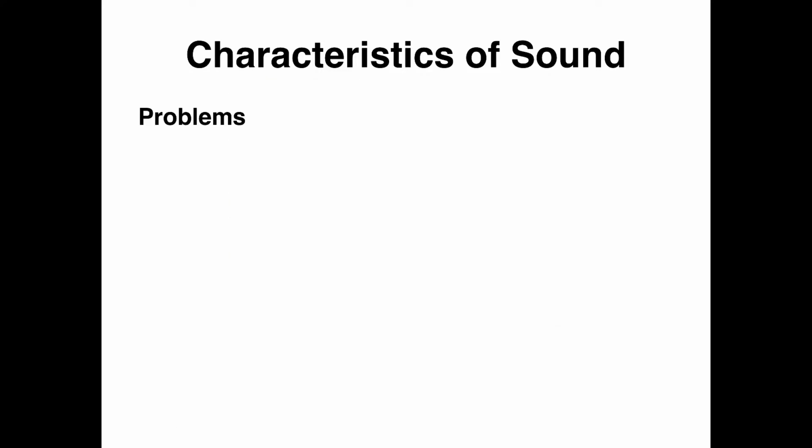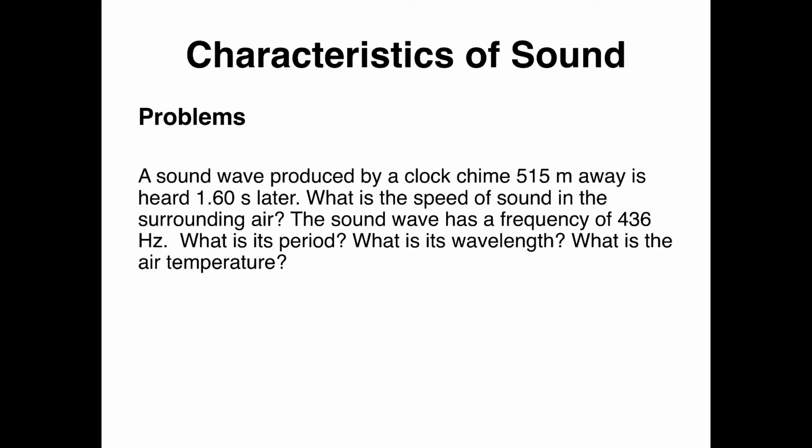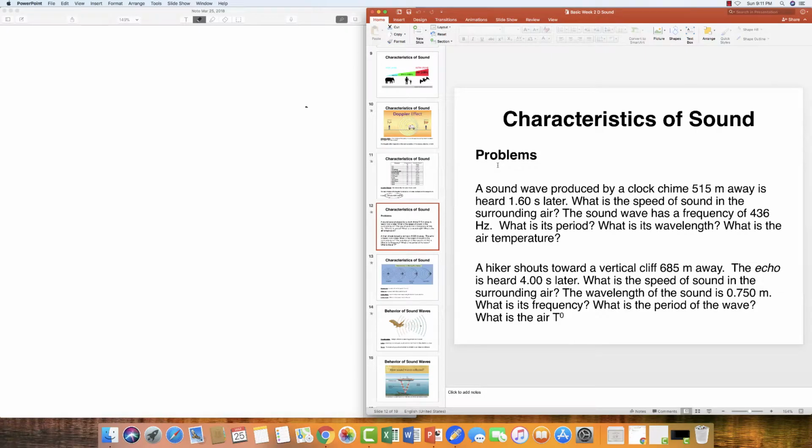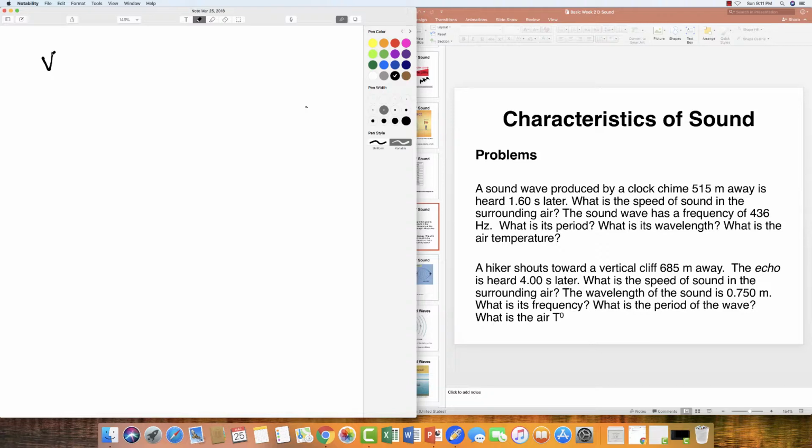We have a sound wave produced by a clock chime 515 meters away, and it's heard 1.6 seconds later. What is the speed of sound in the surrounding air? Okay, well, let's take a look at how we would go about doing this. First of all, we know that velocity is equal to the distance or displacement of the wave divided by the time taken to do that.